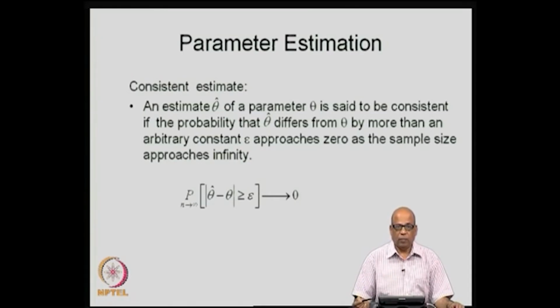So, let us say you have a sample of 50 values and you estimate theta cap, and then you have a sample of 100 values, then you estimate theta cap and so on.